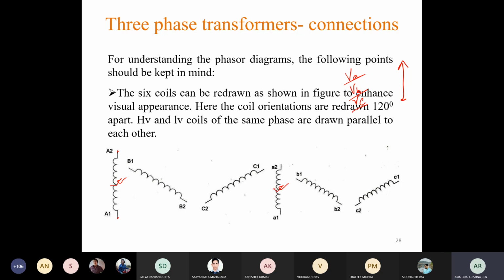Similarly, B1, B2 is drawn making an angle of 120 degrees with A1, A2. Here this will be the actual position of B1, B2, and this angle is 120 degrees. So B1 will be connected to A1, this point. Similarly, the position of C1 will be here. So this is actually C1. Here this angle and this angle are also 120 degrees. Same is true for the low voltage windings, this one and this one.